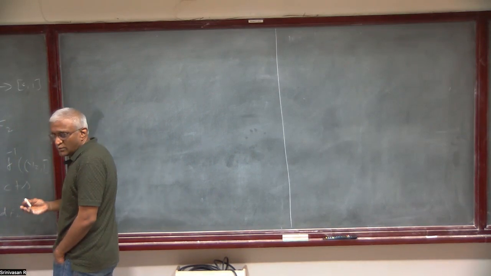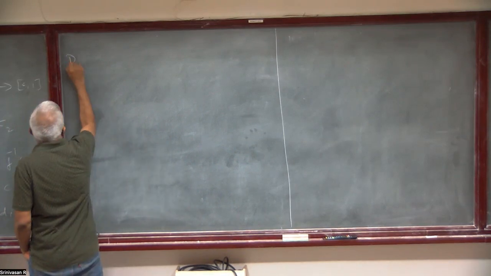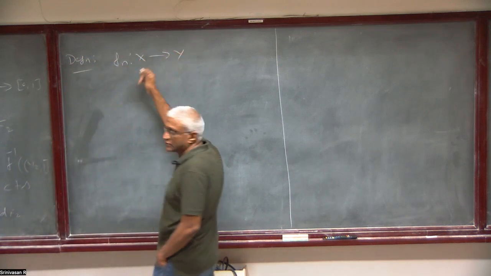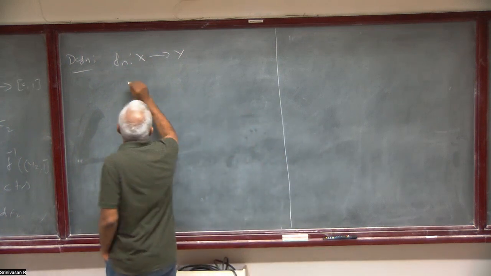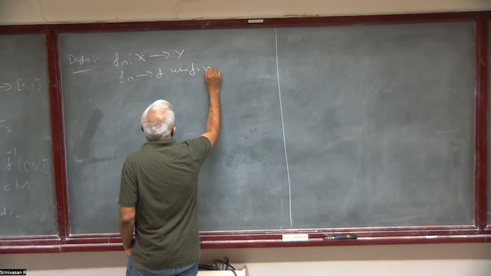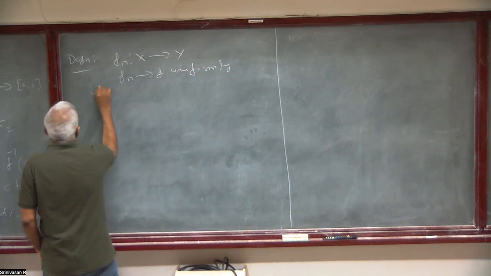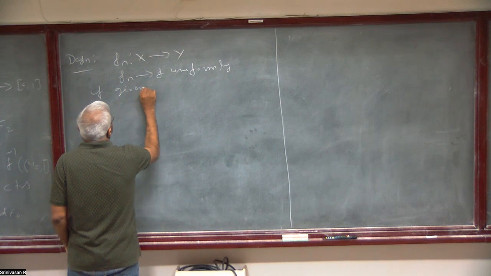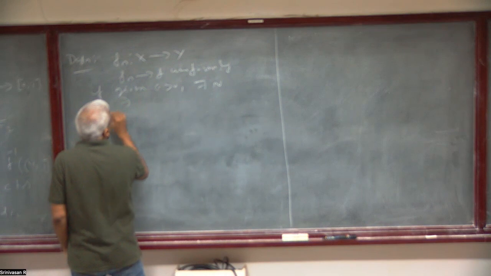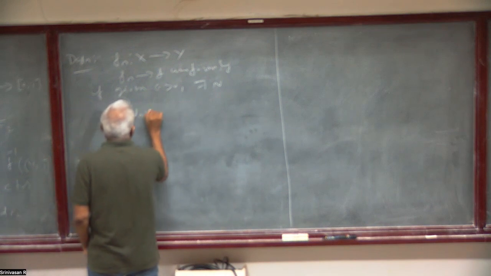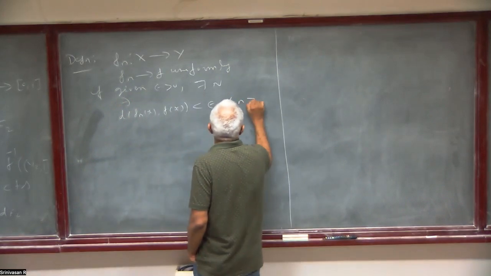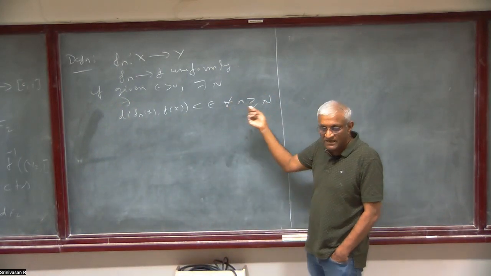Everybody knows what uniform convergence is. Maybe I'll write the definition. f_n is a sequence of functions from X to Y, where X and Y are metric spaces. Then f_n converges to f uniformly if, given epsilon greater than 0, there exists an N such that d(f_n(x), f(x)) is less than epsilon for all n greater than N. It is just that this N does not depend on x.